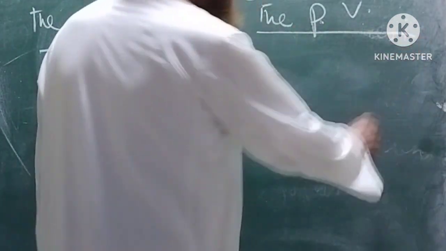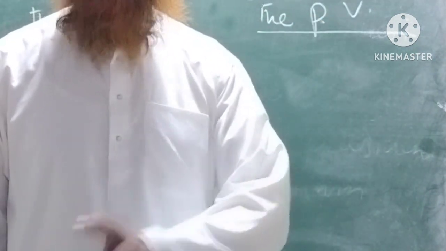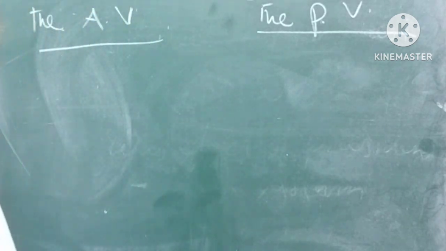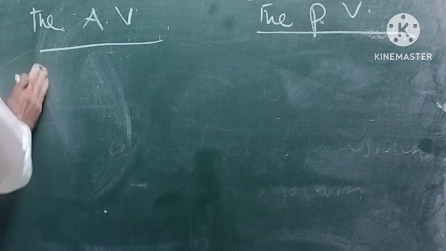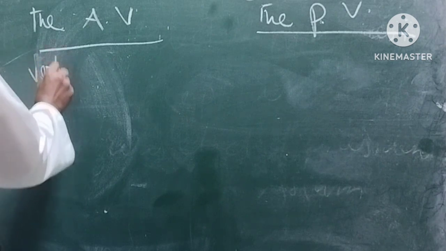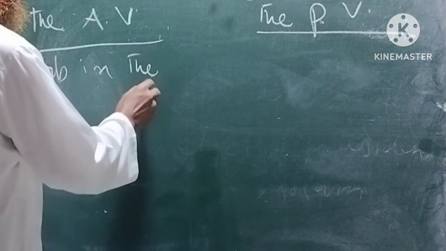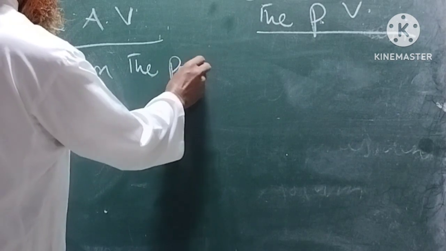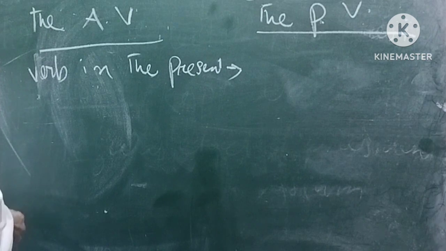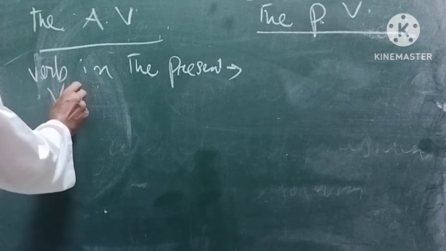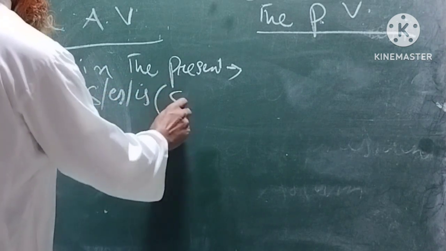The verb in the passive voice comes according to the verb of the active voice. Suppose the verb is in the present form, verb in the present, or verb plus s, es, that is, the s form.